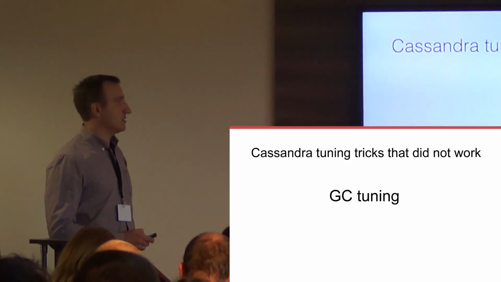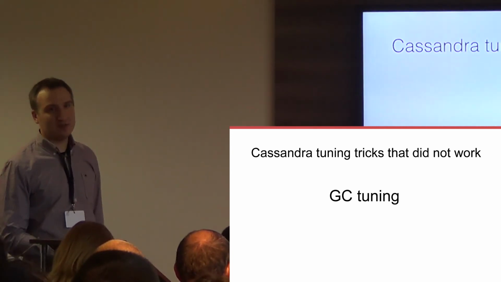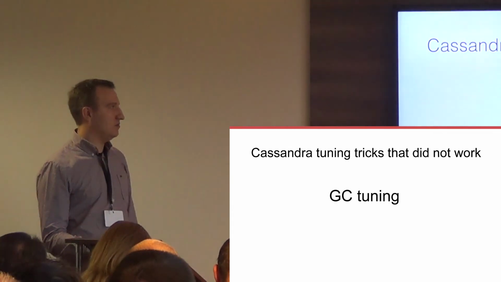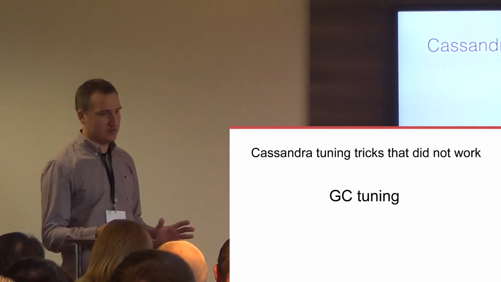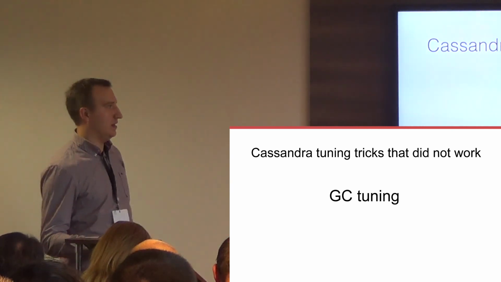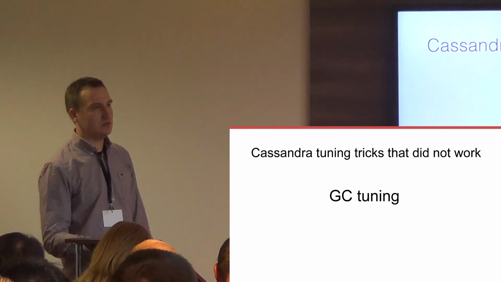Yeah, and actually Cassandra tuning tricks that did not work, like GC tuning, because, you know, if you get a new Cassandra version every month, it's really difficult to keep up with the updated code and changes made, so it's just useless. Don't do that actually.